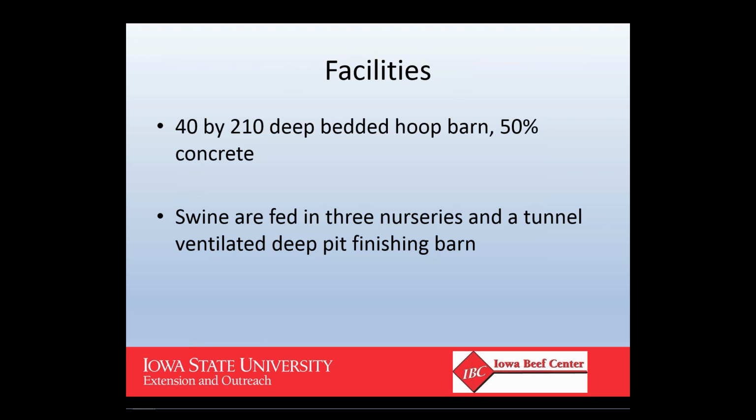Another advantage we have found is the manure. For many years, manure was viewed as a byproduct, a hassle, or just something to be discarded. We use it as an asset.